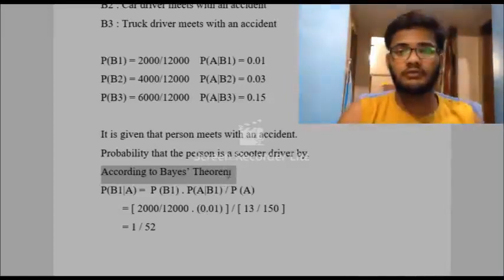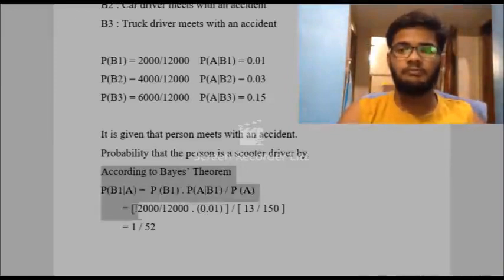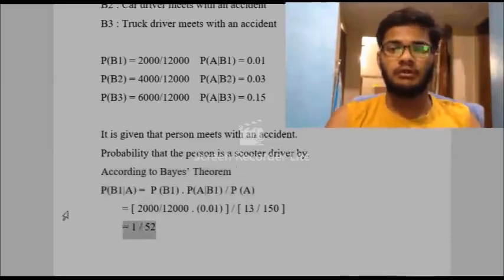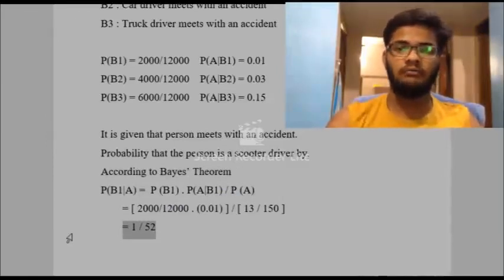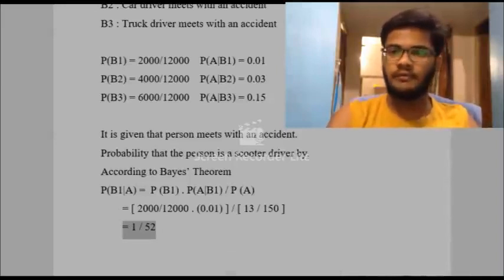According to the Bayes theorem, the formula is P of B1 given A is equal to P of B1 into P of A given B1 upon P of A. Here you can substitute the direct value of P of A, which we solved in the earlier question, or else you can apply the total probability formula in the denominator.